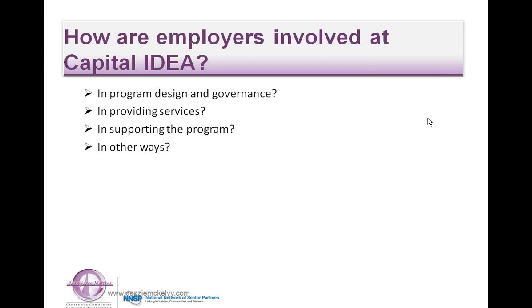And so that's another way that an employer helps. Today we pay a little bit for it, but not near what other people do. Employers are also part of the Resource Development Committee. So those are just a few ways that employers are working with Capital Idea right now.